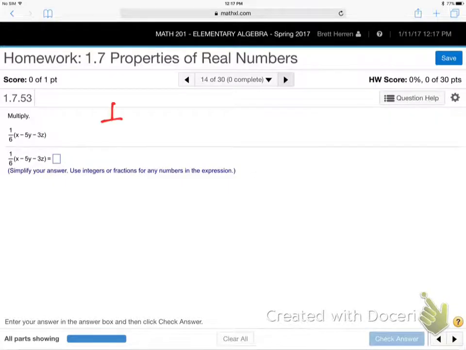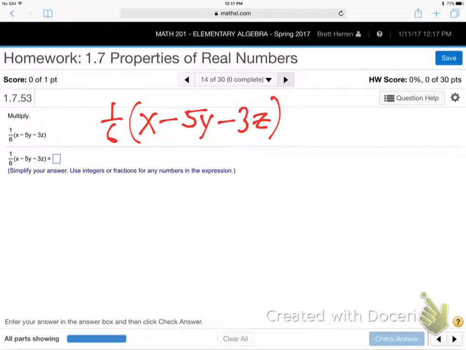All right, so we have 1/6 and x minus 5y minus 3z. Give that one a try. Let me whip it out real quick. Go ahead, go through the steps there. That's a 6 in the front there, 1/6. Give you a second on that one. Distribute that. One-sixth x.